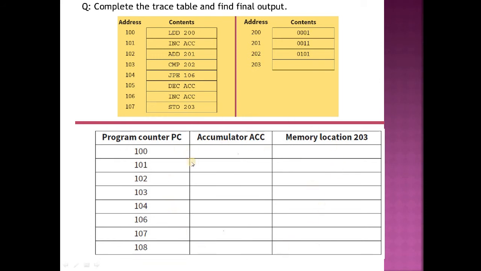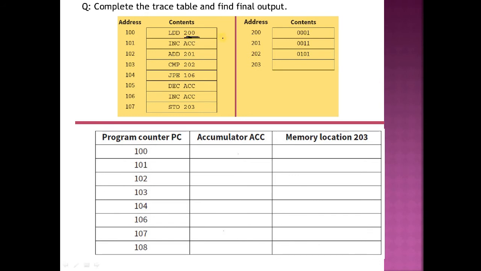So let's see what is happening in this program. Try to understand. First of all, at position 100, the first command is executed. Load direct. Load direct means from this address, data will be picked and will be kept in accumulator.